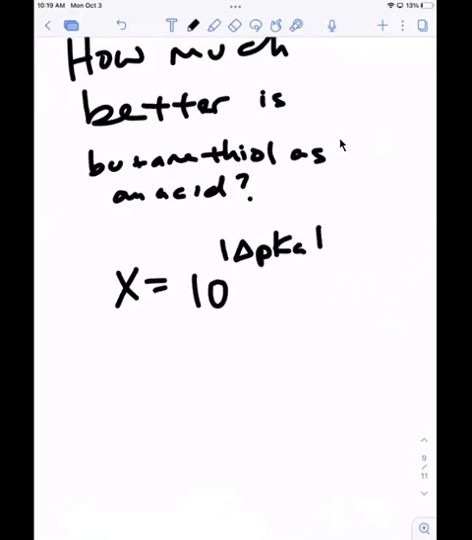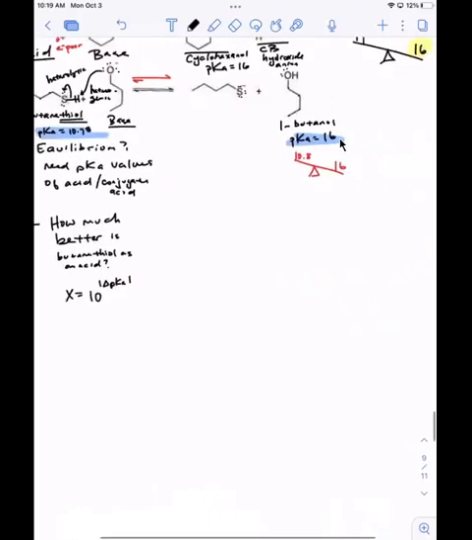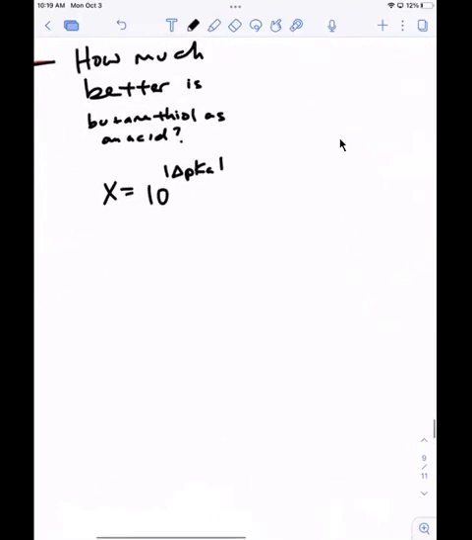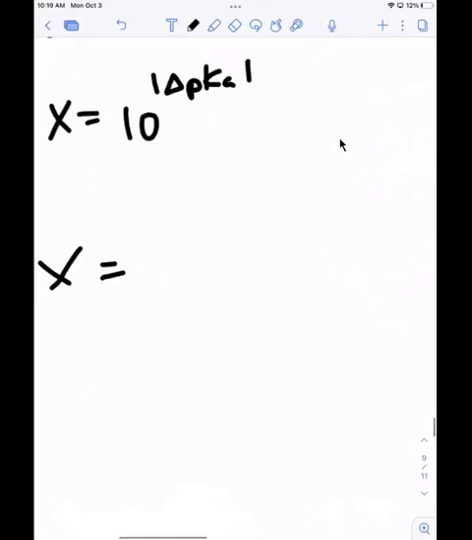So 10 raised to the difference, or delta pKa. In this case, it's going to be 16 minus 10.8. That's going to be 5.2. I'm putting the absolute value because you can swap the numbers around, but you don't want this number to be negative. It's always going to be positive.